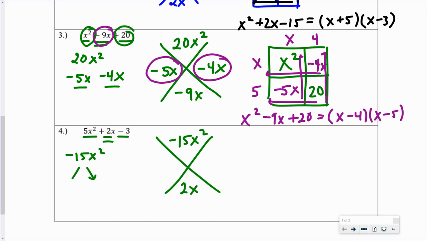And in fact, I think we did this earlier. So we should get 5x and negative 3x. So if we multiply those together, we get negative 15x squared. We add those together, we get positive 2x. So those linear terms are going to go right here. So now we'll set up our area diagram.